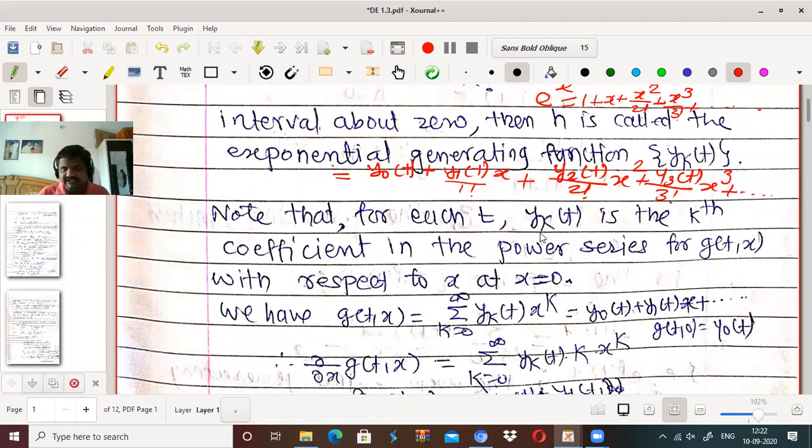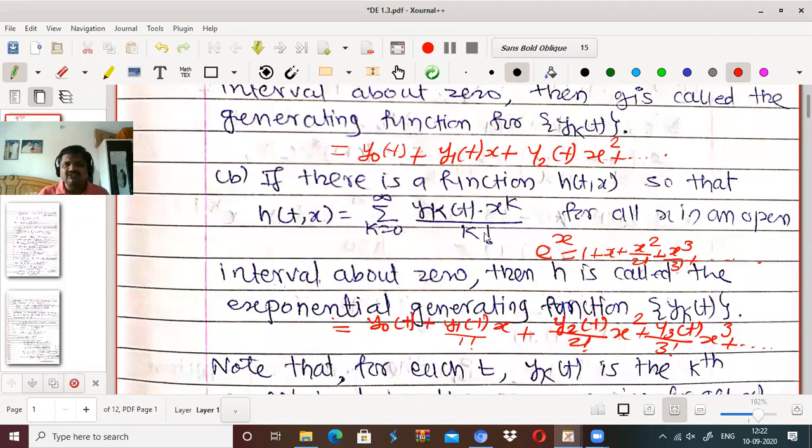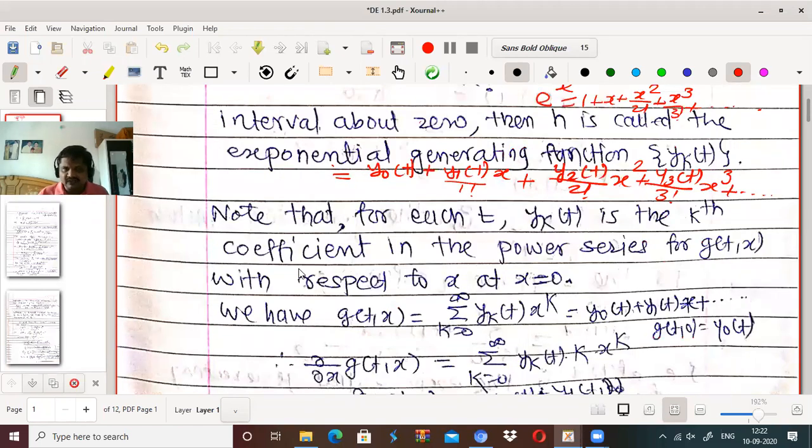Similarly, y1t is the first coefficient, that is, the coefficient of x raised to 1. Then y2t is the second coefficient, the coefficient of x to the power 2. The third coefficient is the coefficient of x to the power 3, and so on. So ykt is called the kth coefficient in the power series for gtx with respect to x at x equal to 0.